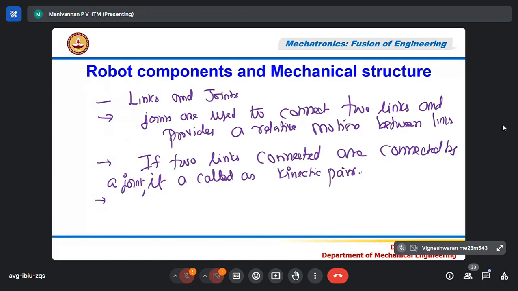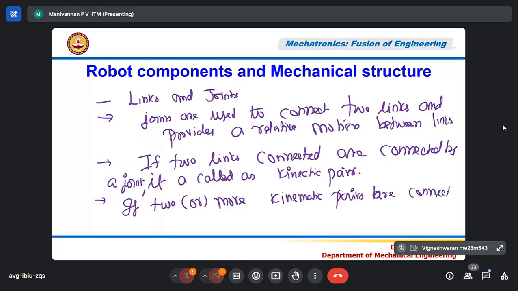kinematic pair. And if two or more kinematic pairs are connected by joints, it is called a kinematic chain.